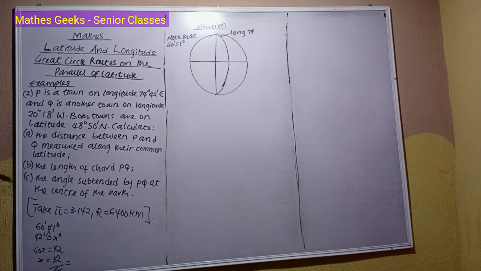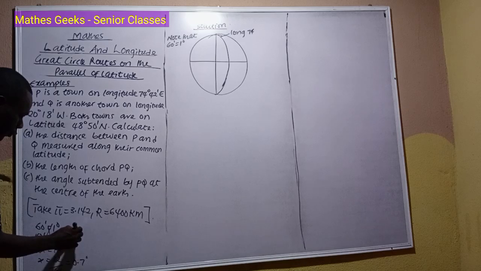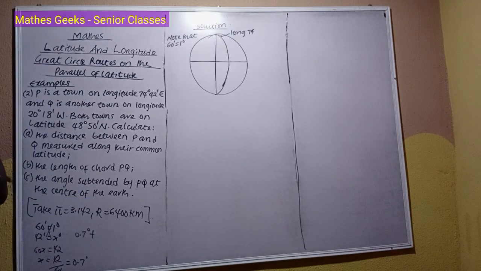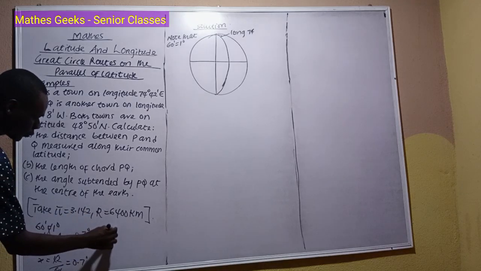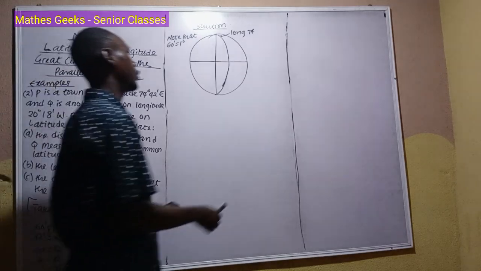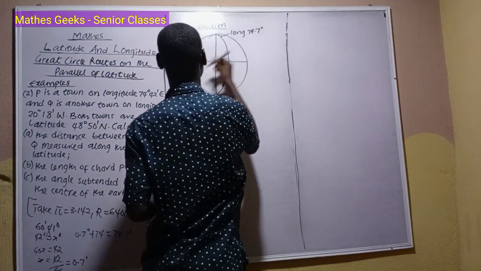42 divided by 60 is equal to 0.7 degrees. So you add 0.7 degrees to 74, and you have 74.7 degrees.